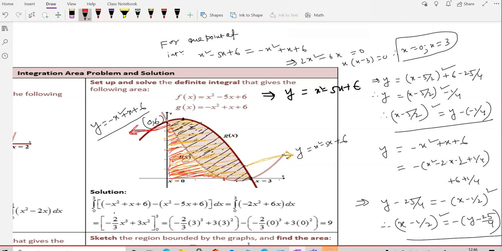When y equal to 0, this point of intersection we will get, this and this. Put y equal to 0. What do you get? It is minus x square plus x plus 6 equal to 0. By solving it, we get x square minus x minus 6 equal to 0. x minus 3, x plus 2 equal to 0.